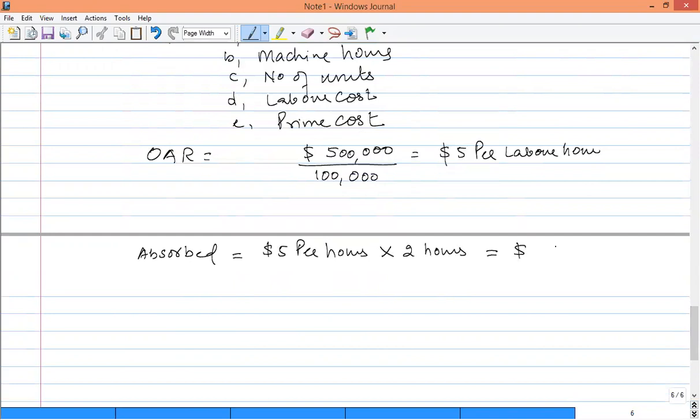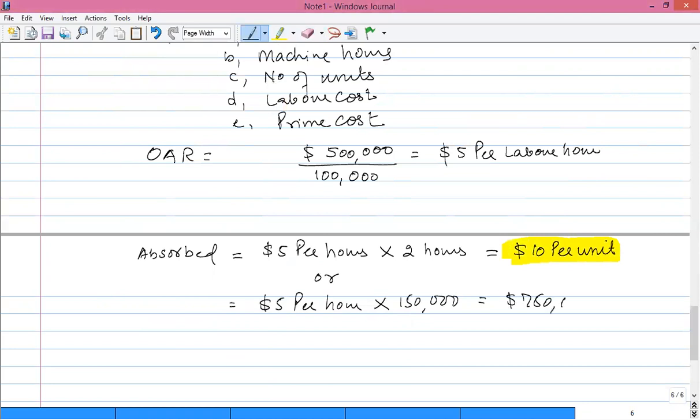So the cost to be charged is 10 per unit, or we can charge in total, that is 5 per hour multiplied by the actual hours, assuming the actual hours is 1,50,000. So that means total absorbed overheads are 7,50,000.